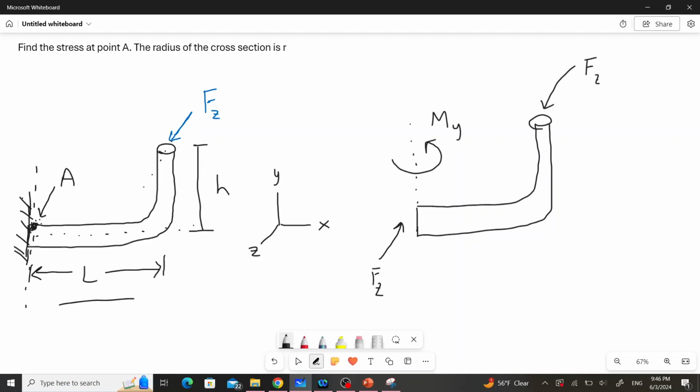Okay. Now there's also one other torsion that's going to be caused about the x-axis. That force would be typically causing this pipe to rotate like this, looking at our left. So that means our reaction has to be in the opposite direction.